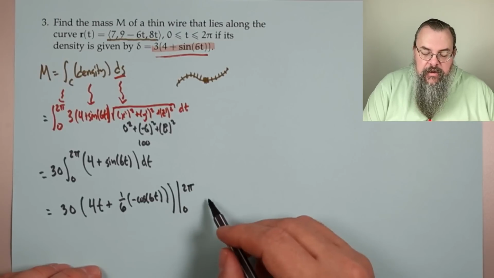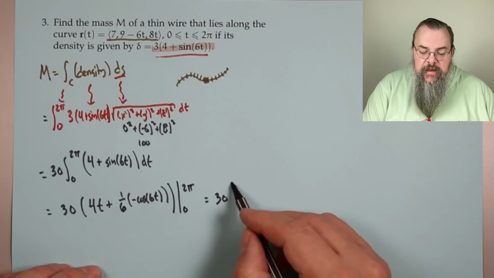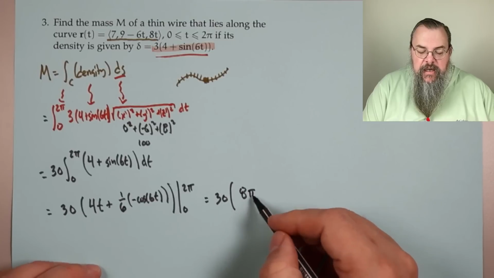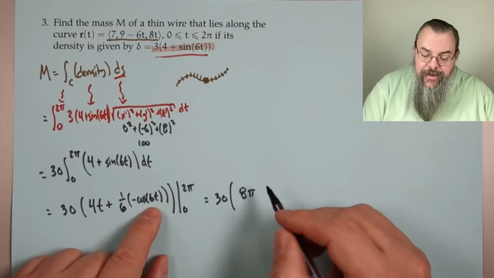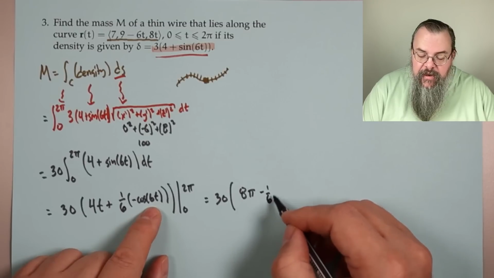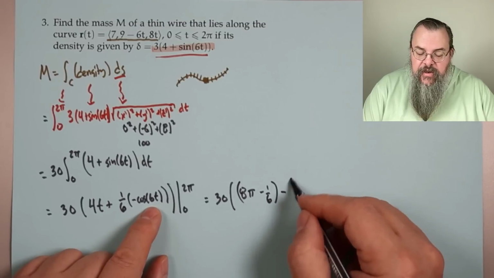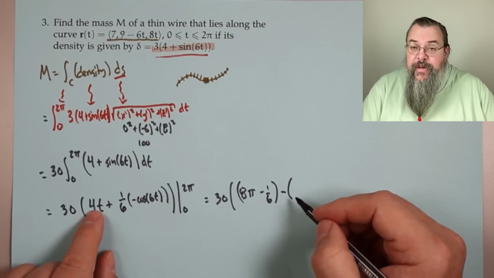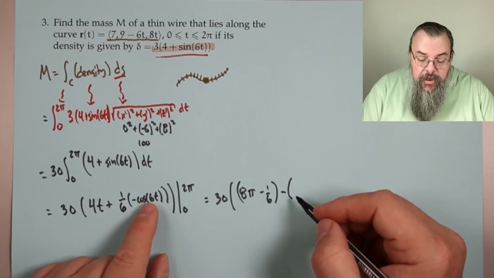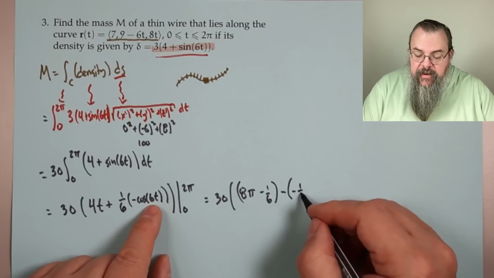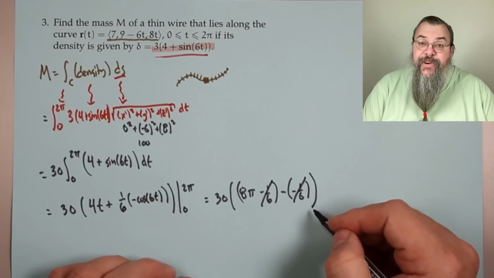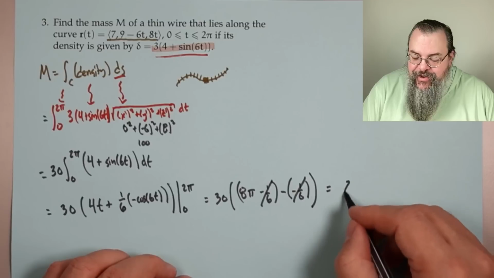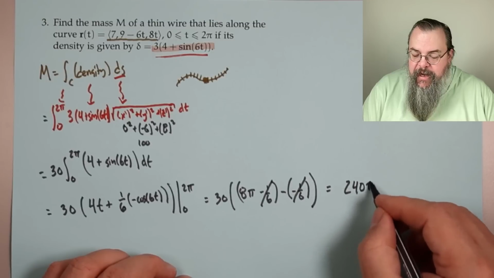So you have 30 times 8 pi, and then cosine of 2 pi is 1, so minus the 6. Then we subtract: 4 times 0 is 0, cosine of 0 is 1, so we subtract minus the 6, and you'll see these actually end up canceling. So our final answer is 240 pi.